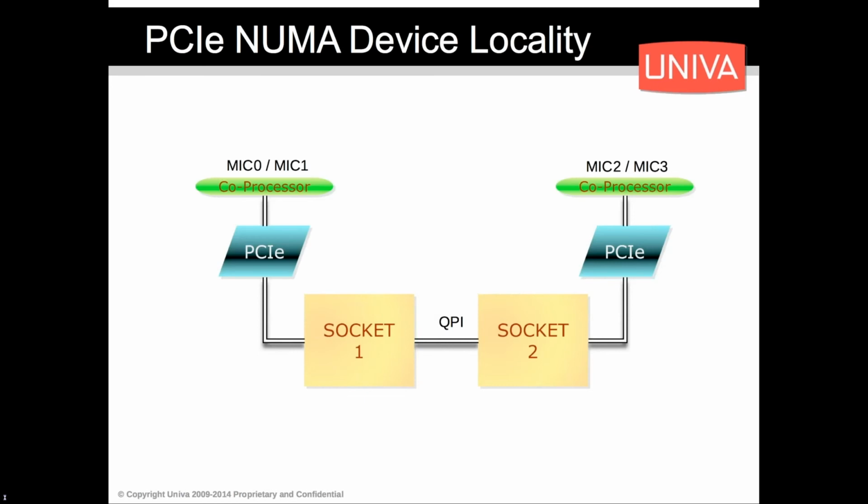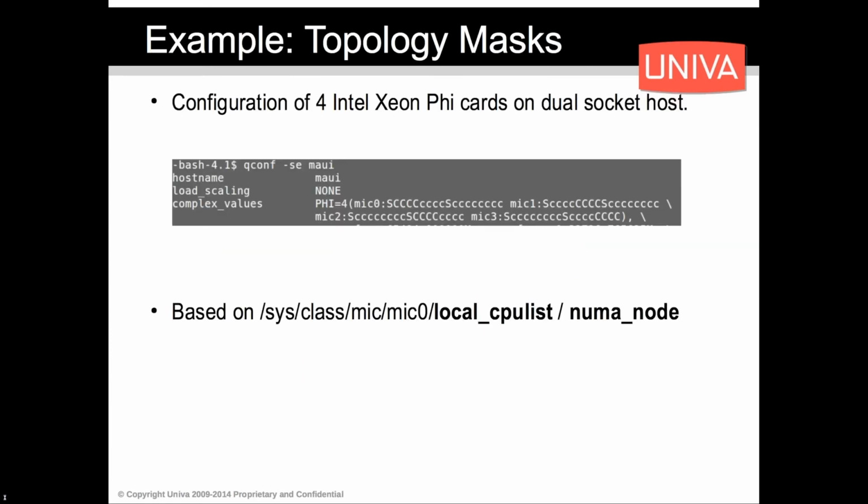Now you can imagine that when you have an application running on socket 2, but the application needs to access mic 0 or mic 1, then the communication overhead is higher, because the application has to go over the QuickPath Interconnect from socket 2 to socket 1, then over the PCI Express device to the right mic. And this is what we want to prevent with the topology mask.